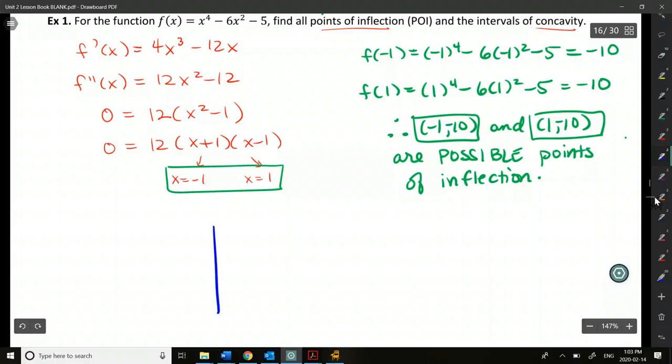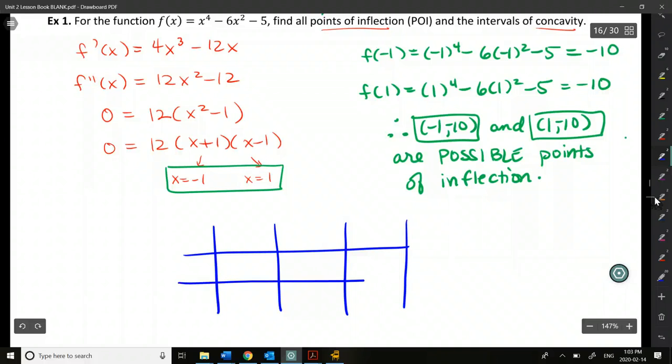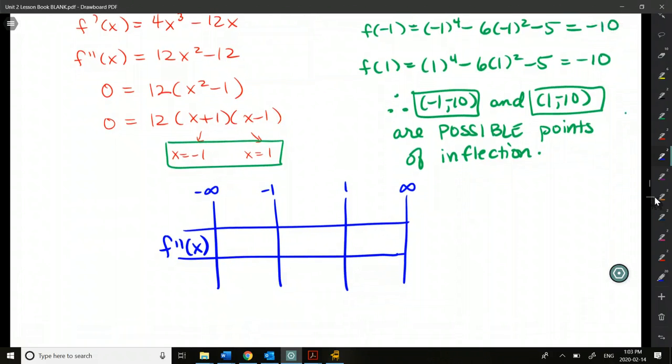Okay, so we're going to set up a chart similar to our first derivative chart that we've done the past few lessons. And again, I'm going to order these lowest to highest. This time we're plugging into the second derivative. Okay, this is the second derivative test. And then it's going to give us information about f(x).